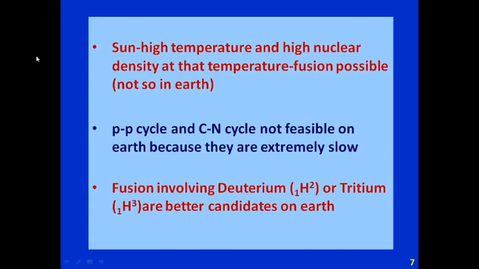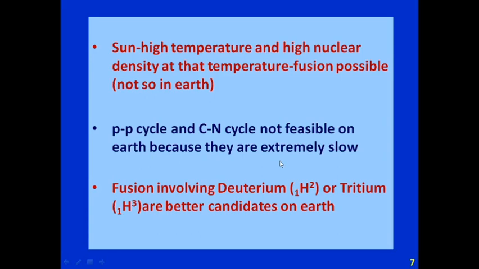In the Sun, we have a very high temperature and high nuclear density, so fusion is possible under those conditions, but it's not so on Earth. And stellar energy sources like the PP cycle and CN cycle are not feasible on Earth because they are extremely slow.